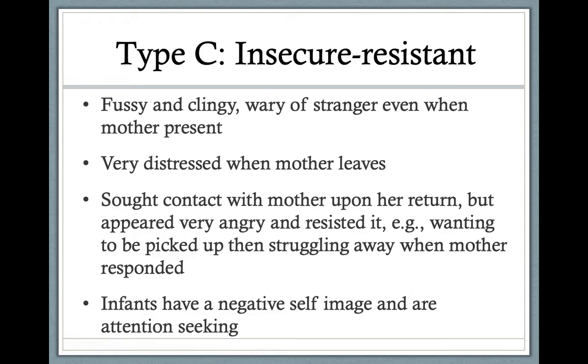They're very upset and can't calm down. They'll want to be picked up, and then as soon as the mother picks them up, they might struggle, like they want to get down again. This type of baby tends to have a very negative internal working model and a very negative self-image, attention seeking, with very untrusting relationships, a very insecure type of attachment.